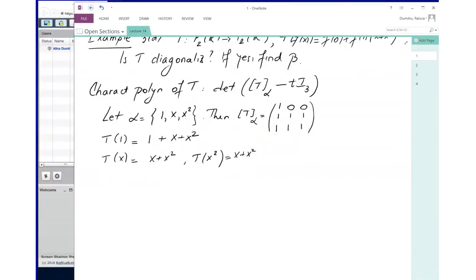All right, so the characteristic polynomial was the determinant of the matrix with rows (1 minus T, 0, 0), (1, 1 minus T, 1), (1, 1, 1 minus T).